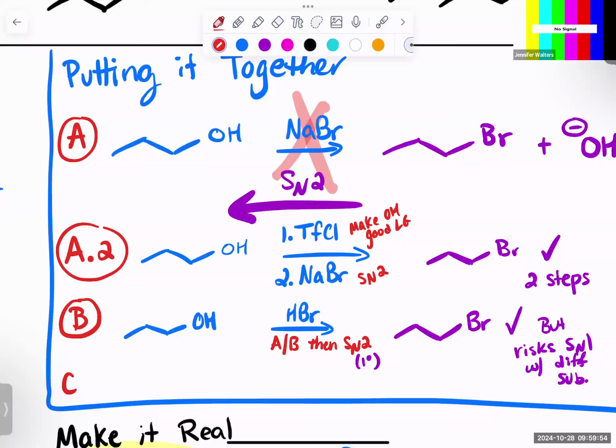And then we're going to be like, all right, well, let's consider C. Option C was the alcohol using PBr3. And that also made that bromine, and that works because this is always SN2.